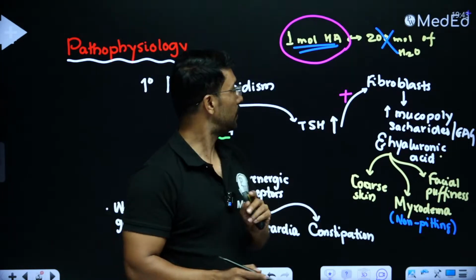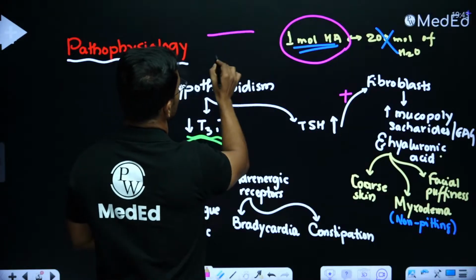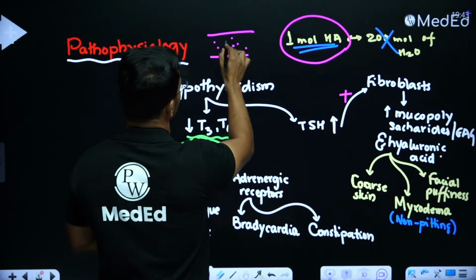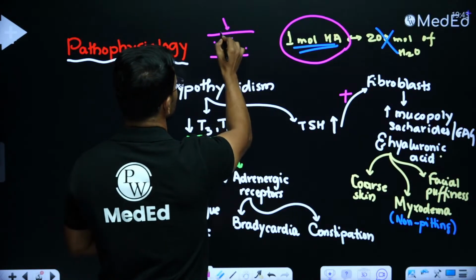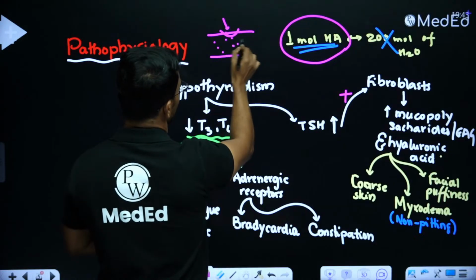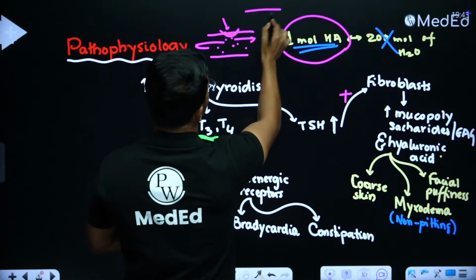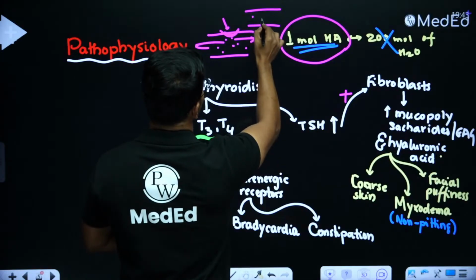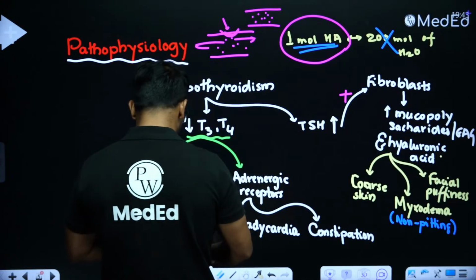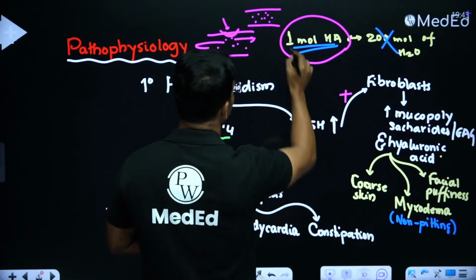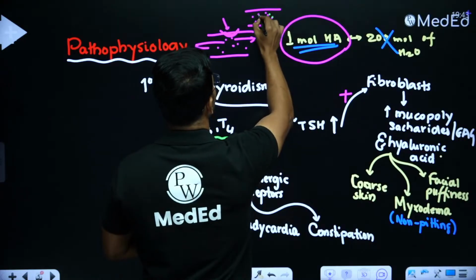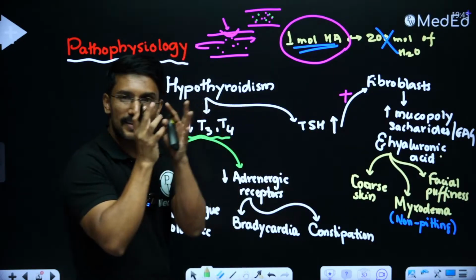What is the reason for non-pitting? What happens in the normal condition? Let us say there is a space where water molecules are accumulated. When I compress it, these water molecules get displaced, creating a pit. But what happens in myxedema? The water molecules are there, but these water molecules are stored in the tissue because of the hyaluronic acid. Hyaluronic acid is holding them.